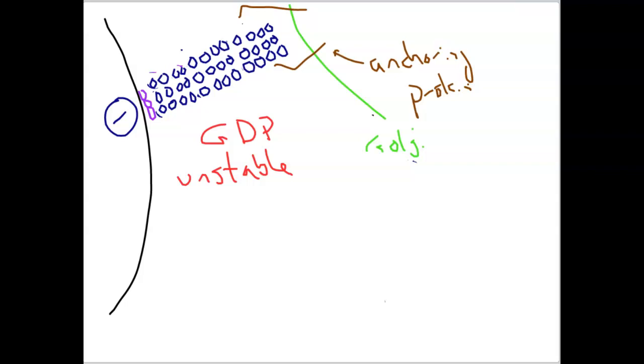Well, we know this cell is not in mitosis, because in mitosis, all of the microtubules are engaged in being spindle microtubules, spindle fibers. And they'll soon be pulling chromosomes to the metaphase plate in metaphase, and then pulling sister chromatids apart in anaphase. That's what microtubules do in mitosis.